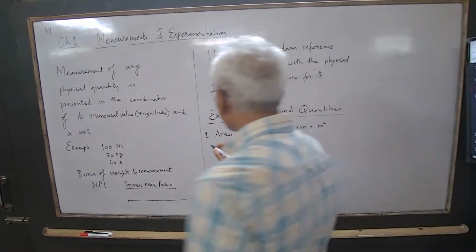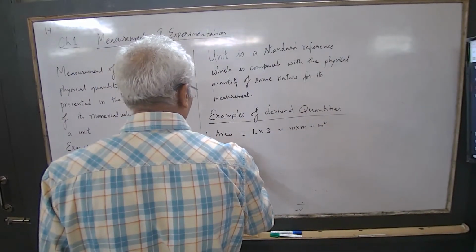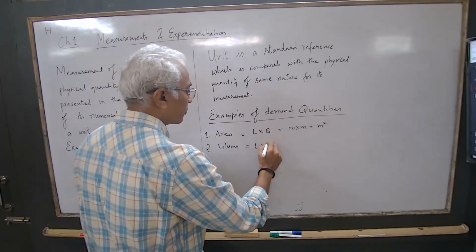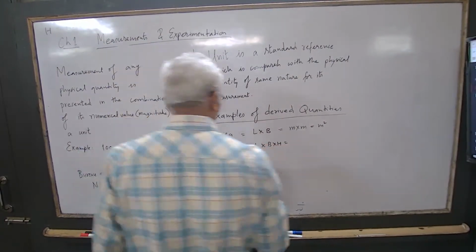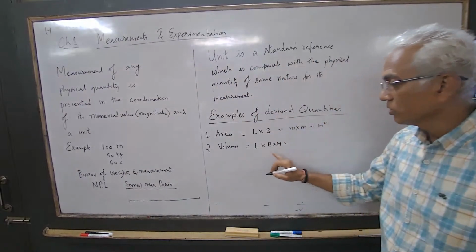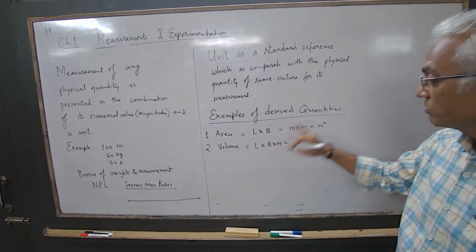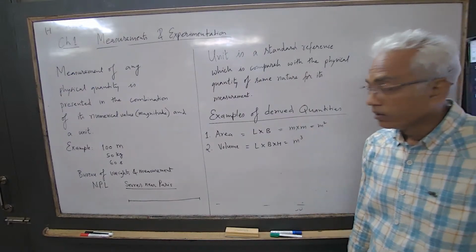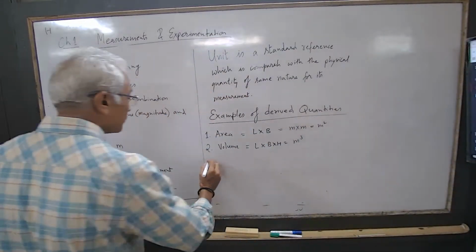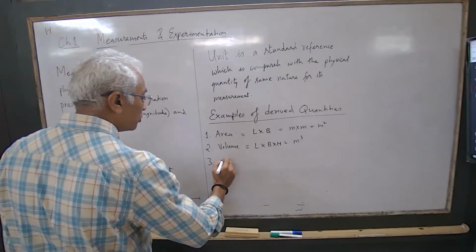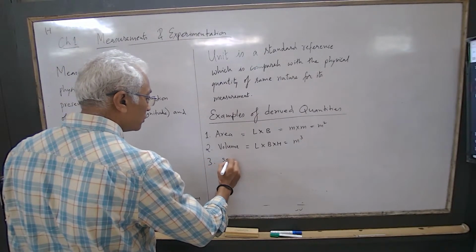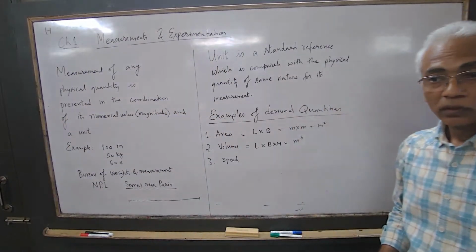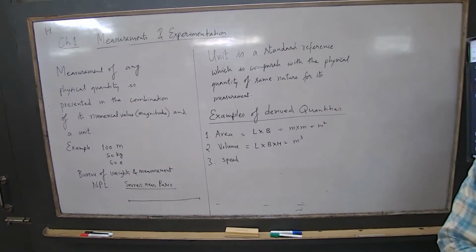Now let's look at volume. What is volume? Length only, so volume also depends on the unit of length, which is a fundamental quantity. So this will be meter cube. Now let's come to speed. What is speed? Distance covered per unit time.